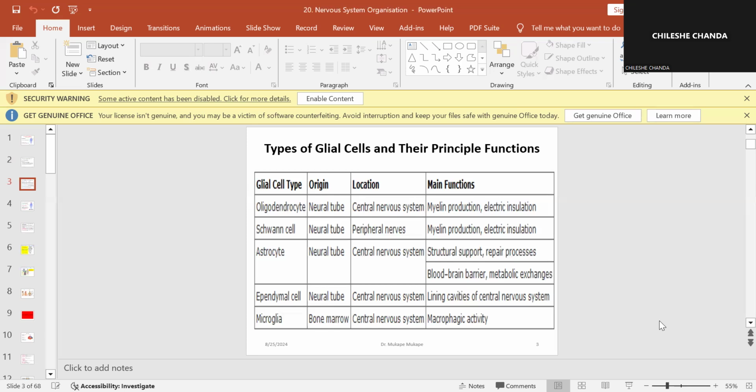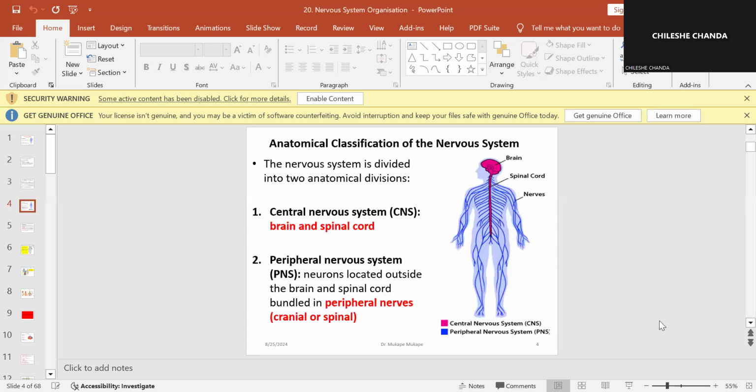Remember, when we talked about blood, we said that macrophages are named according to where they are located. So the macrophages located in the nervous system are known as microglia.